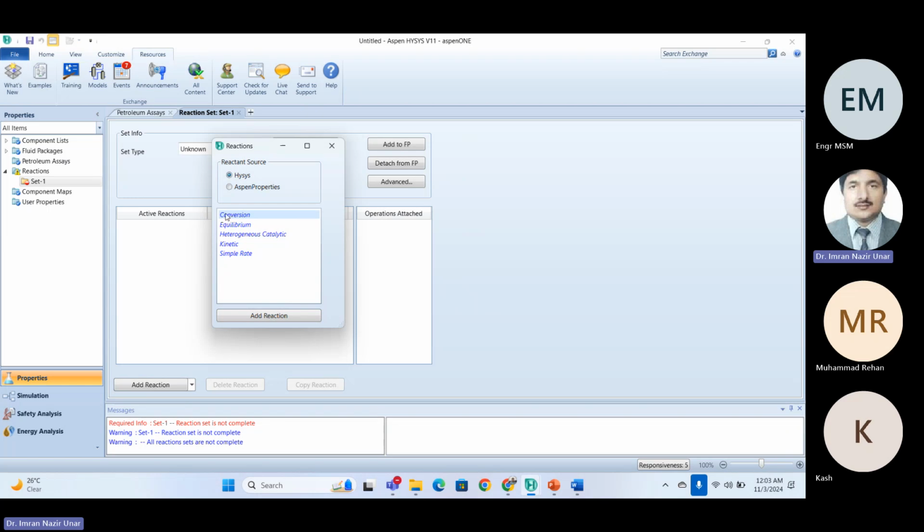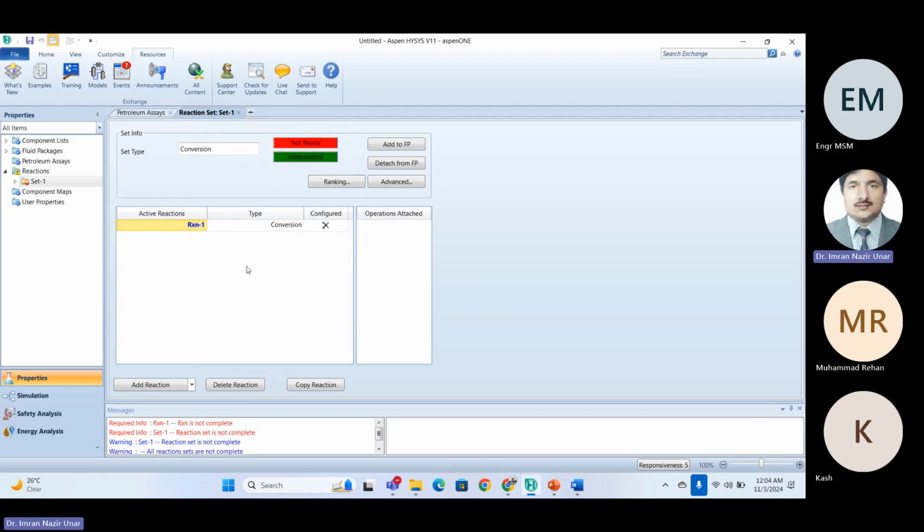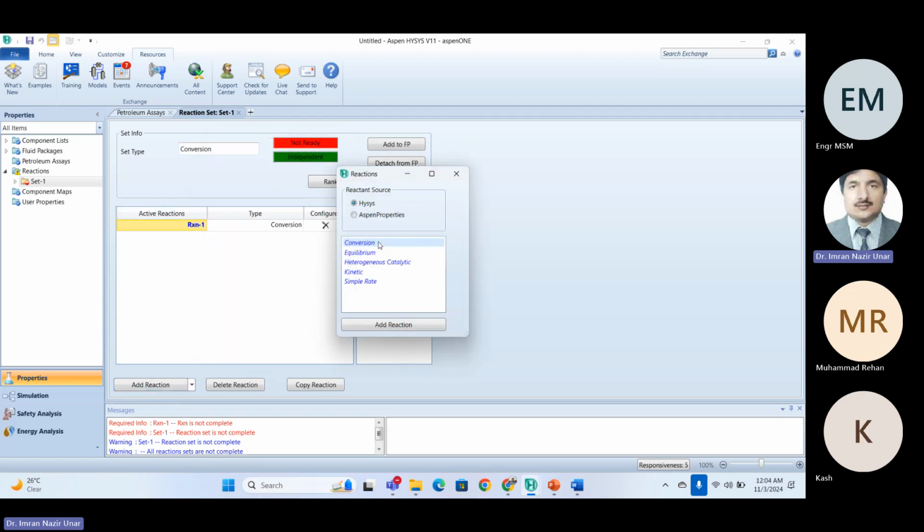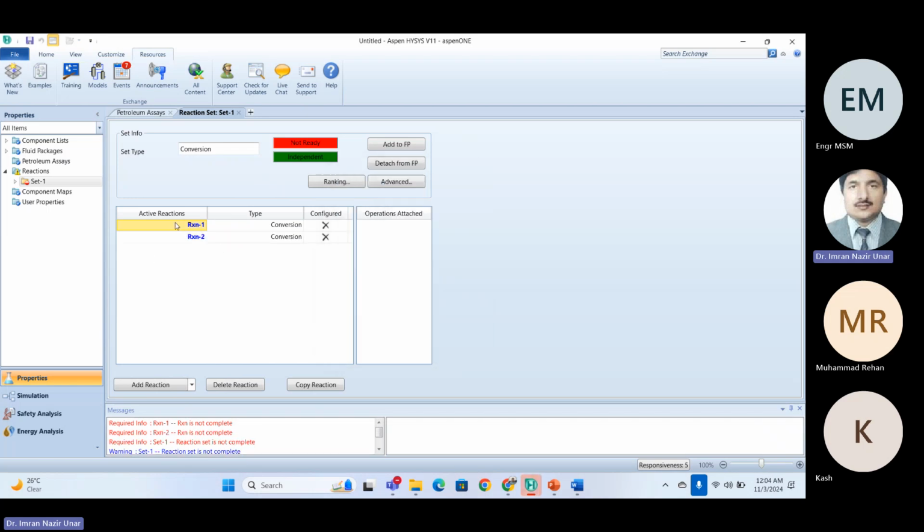Okay. So now here I am interested to define the conversion reaction. By default, conversion is selected. If you shift your selection, you can also select others, but conversion and add reaction. You can define multiple reactions. If I define another conversion reaction, you will notice reaction 2 is also here.